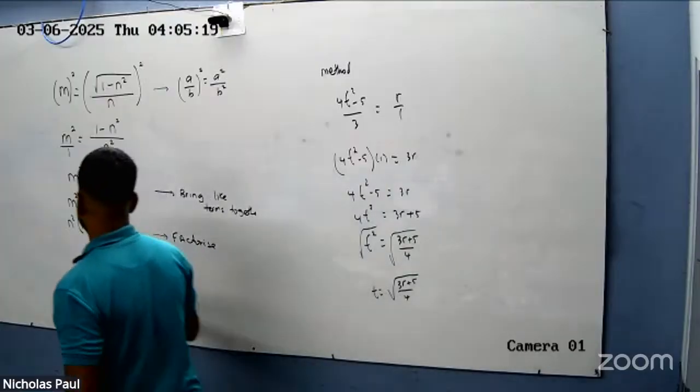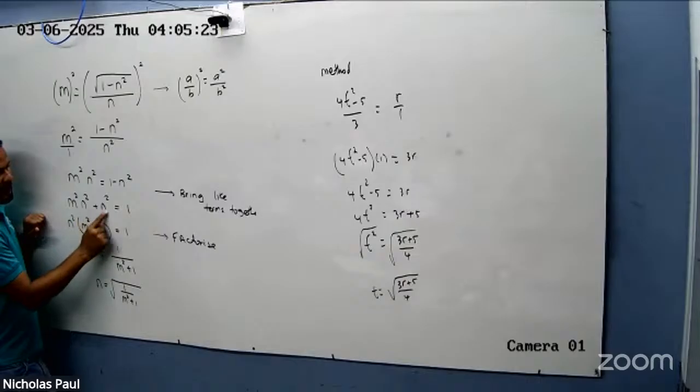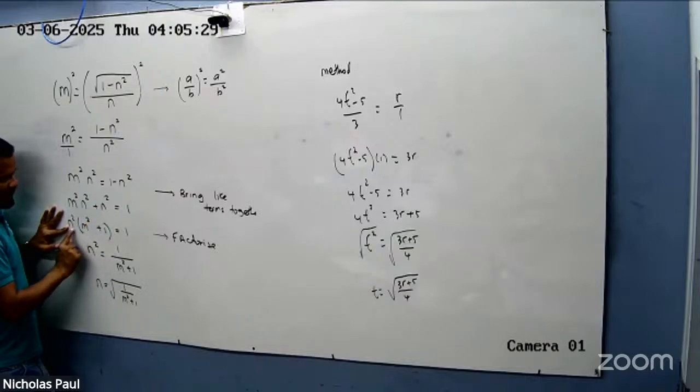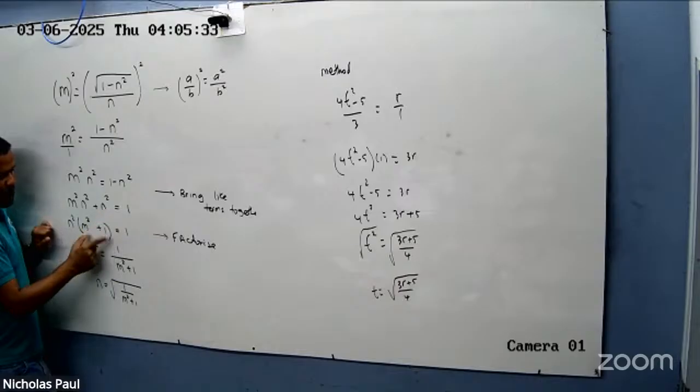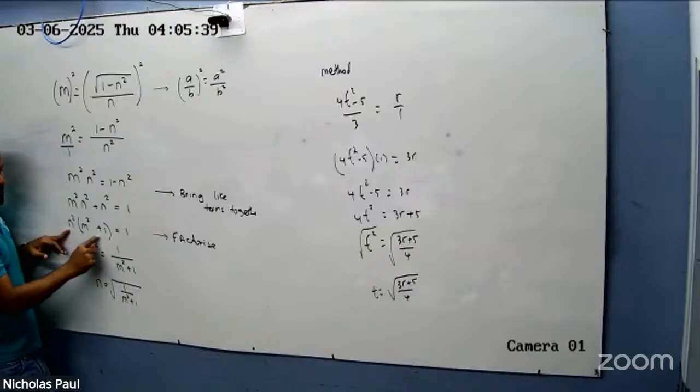From factorizing. So when I reach here, they both had n squared in common. So I factor out n squared and I got m squared plus 1. This by this gives you this. This by this gives you this. When you reach here now, remember the question was to make n the subject of the formula, right? So I'm moving this across. This is multiplied.